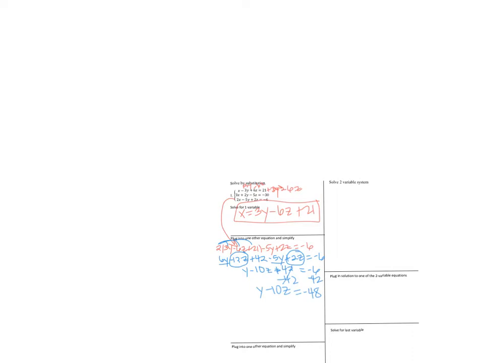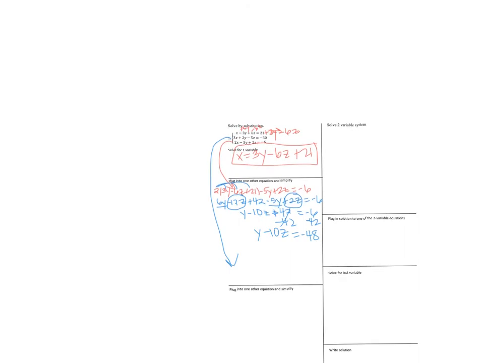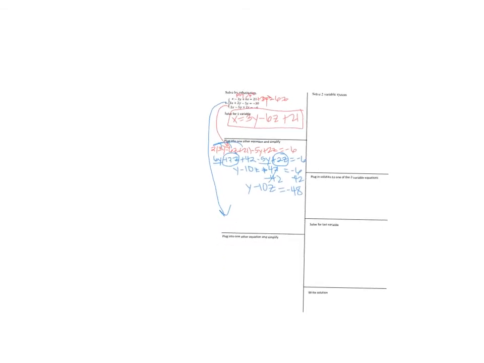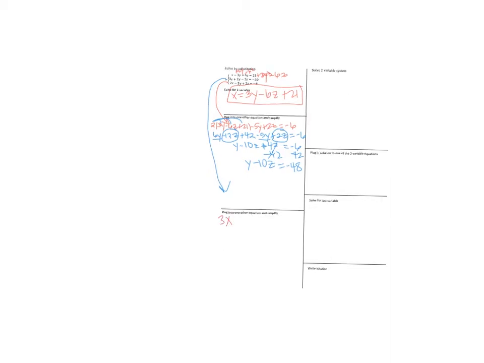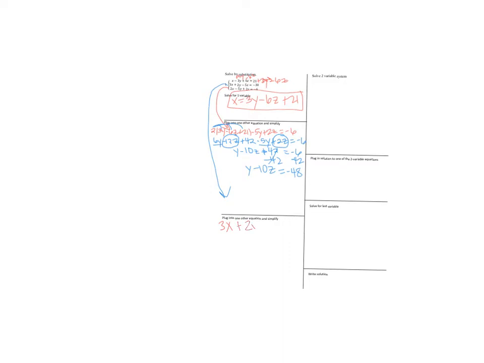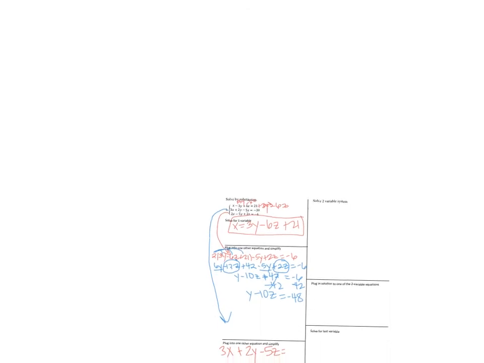Now, I need to take this second equation that I haven't used yet and bring it all the way down here, where I am going to plug that x in again. Okay, so I have 3x plus 2y minus 5z equals negative 6.